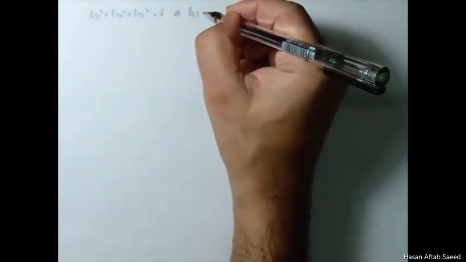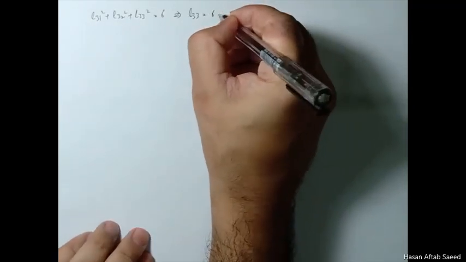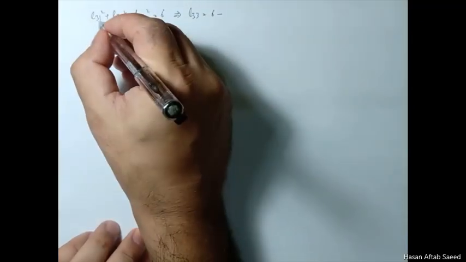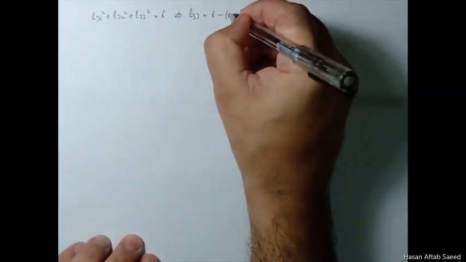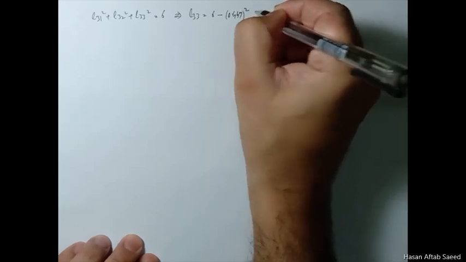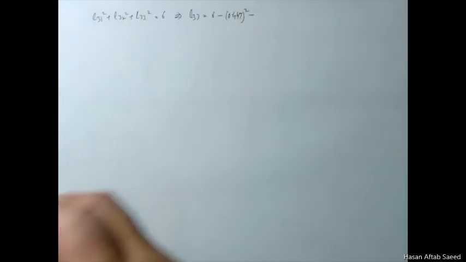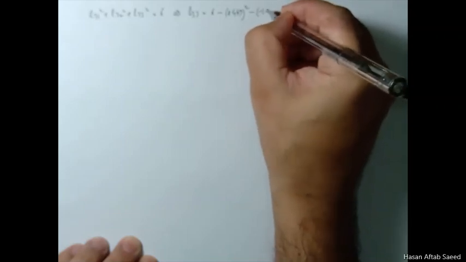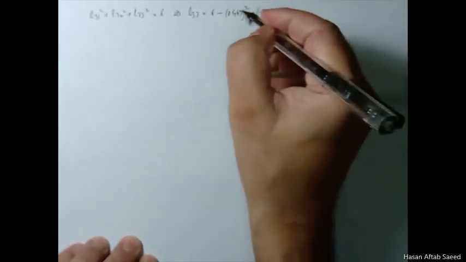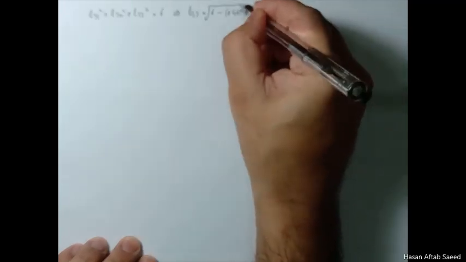So there will be a square root involved. 6 minus L31 square, which is 0.447, minus L32 square, which is minus 1.913, under root.